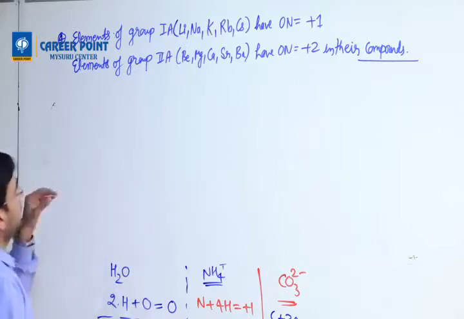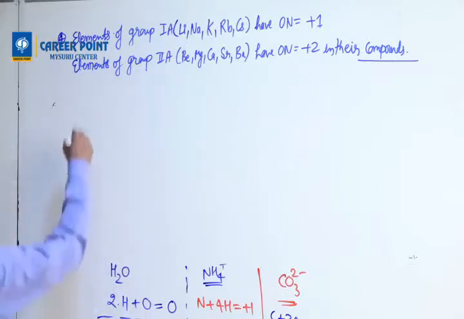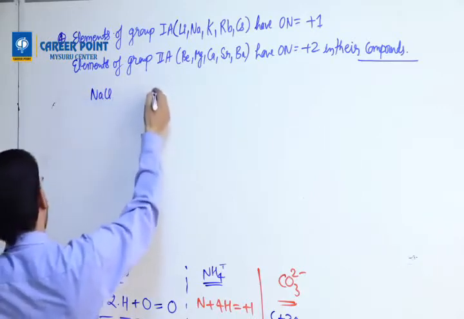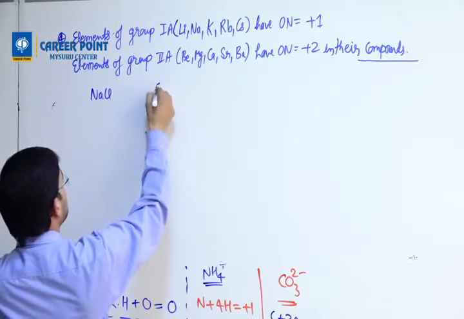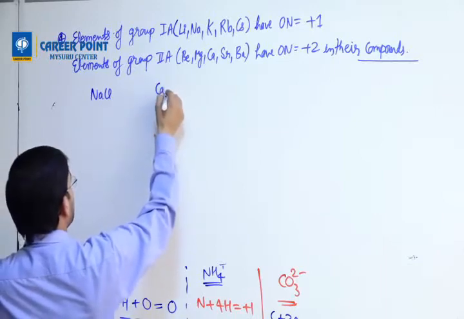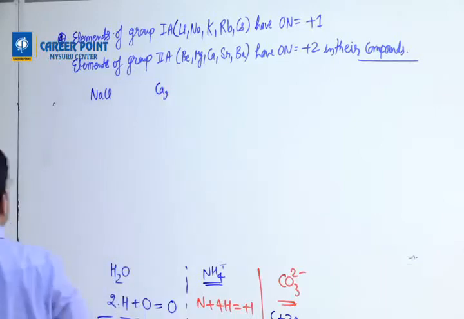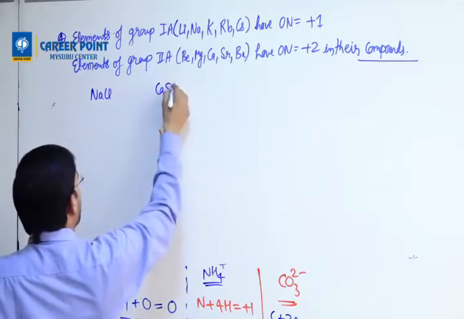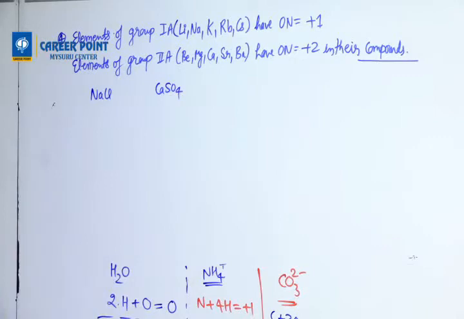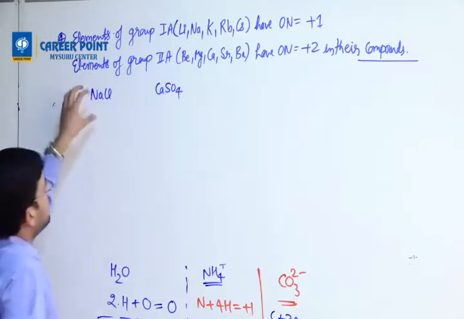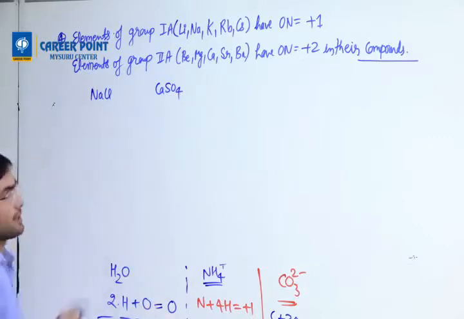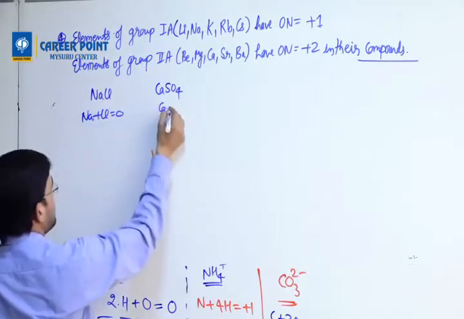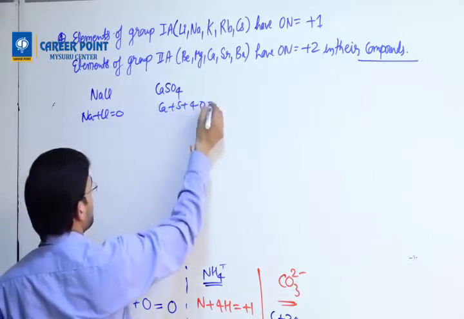In their compounds such as NaCl and CaSO4. Now in these two cases, I will write like this only. Na plus Cl equals to 0. There I write Ca plus sulfur plus 4 oxygen equals to 0.